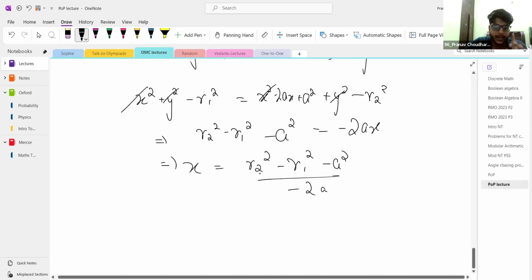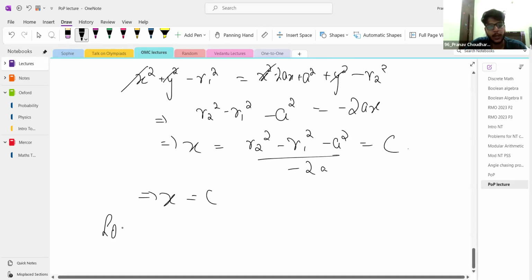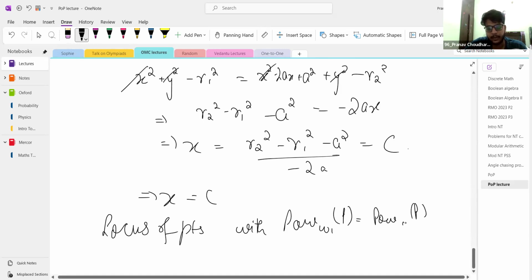Notice that r2, r1 and a are all constants. They are fixed. So this is some constant c, right? So I have x equals c, which means the locus of all points with power with respect to omega 1 equal to power with respect to omega 2 is a line perpendicular to the x-axis.